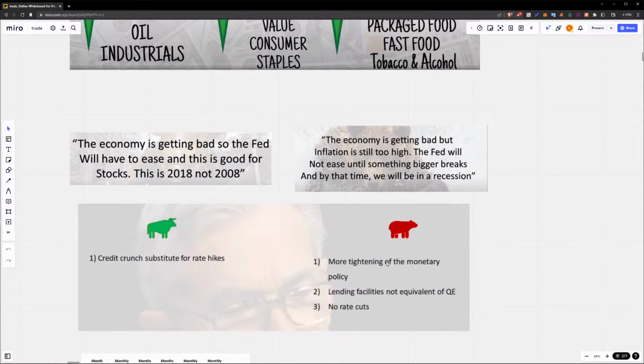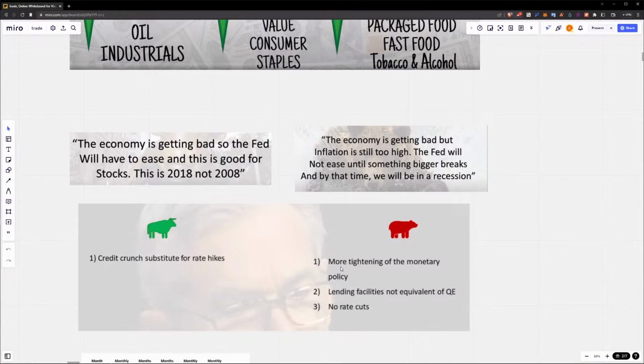So this is the discussion, actually, more tightening of the monetary policy, because in the bearish case, the idea is that even though you stop the rate hikes, because of the lending facilities of the banks, they get tighter. That kind of makes the money supply have a drawdown.